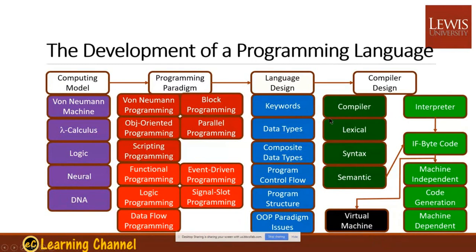So this course mainly focuses on the blue one and the green one. And for the green one, we only cover the front end, the top 3 stages. But in terms of knowing the development of the whole programming language, the topics are these 4, including language design, compiler design, programming paradigm, and the computing model.